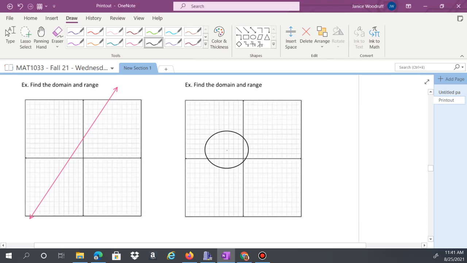We'll go like that. Okay, so let me see. 1, 2, 3, 4, 5, 7, 8. This looks like -8. This point here is -8, 2.